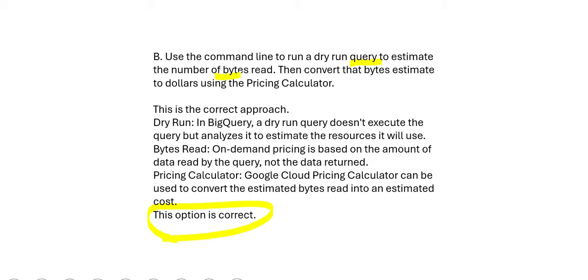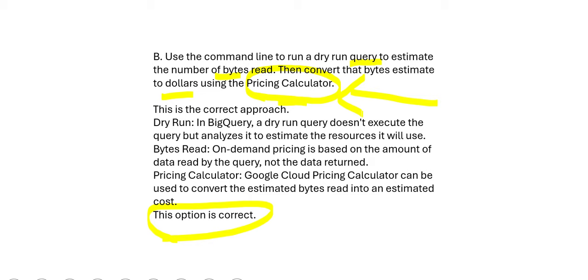Then take this number of bytes and convert that into dollar value using the price calculator. GCP gives you a price calculator. Put the number of bytes read, and it will give you the cost. This is a way to do it.